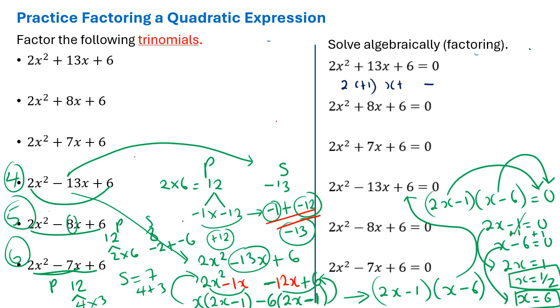Now, since I have -7, I'm going to have to distribute negative signs. I know that -4 times -3 is positive 12, and -4 plus -3 is -7. So I am now looking at using -4x and -3x to factor the problem.